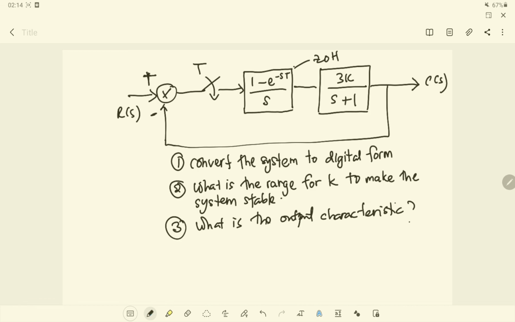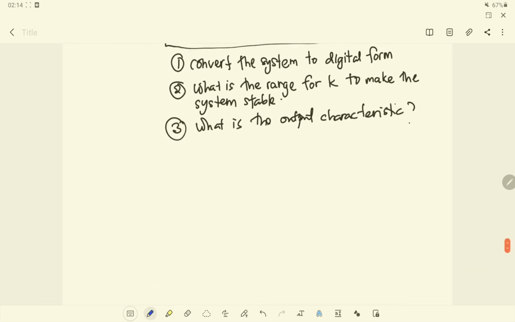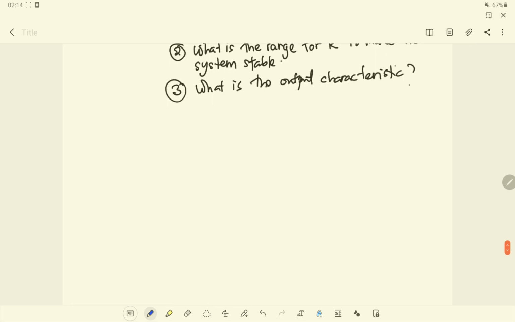In order to solve these 3 questions, first I will go through the knowledge you have to know.